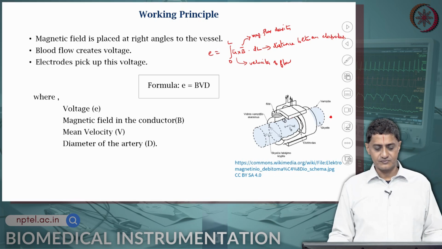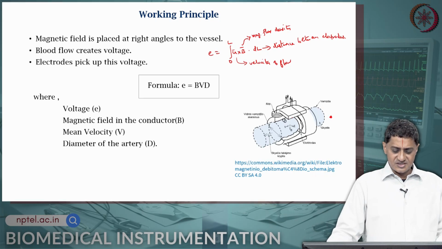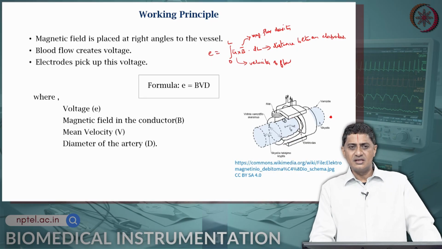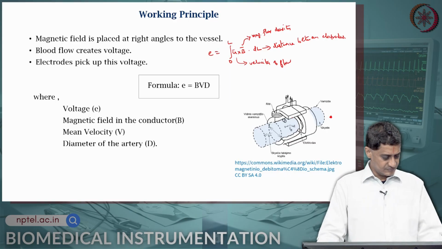In this case, velocity is mentioned as v. So, E is essentially the product of the magnetic field B times the velocity v times the diameter of the artery d. Right.